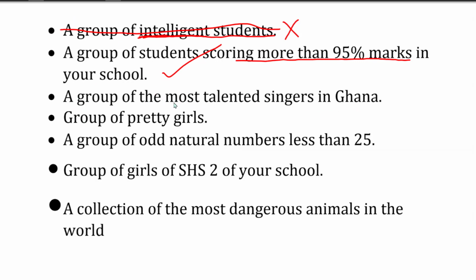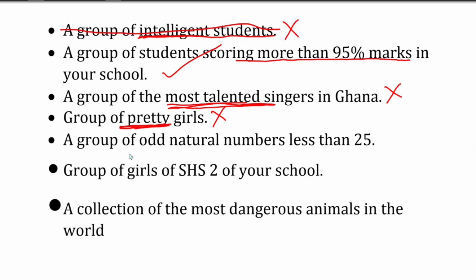Again, just like the first one, most talented is also relative. So this doesn't form a set. Okay. The next one, a group of pretty girls. Also, just like the first and third, what looks pretty to you might be different from another person's. So this doesn't form a set.